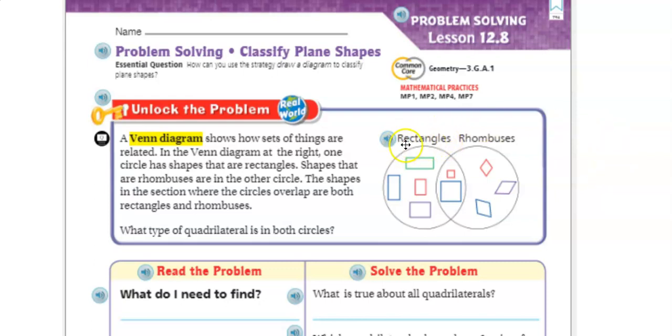We know that Venn diagrams are comparing and contrasting. So over here are rectangles, and they are contrasting over here, which means they're what's different than rhombuses. Rhombuses over here, this is what they're contrasting, their differences. Where they overlap in the center, that's the compare. That's what they share, what they have in common.